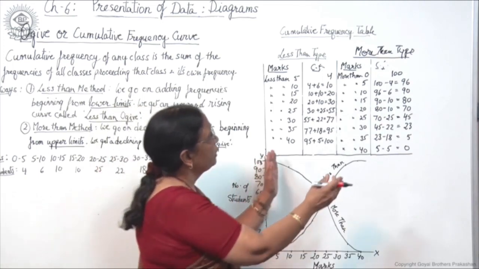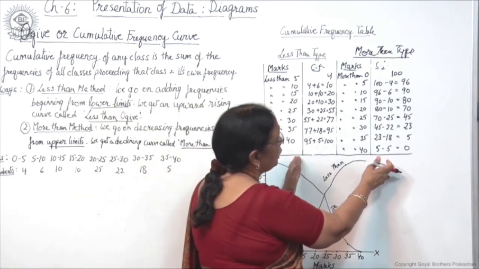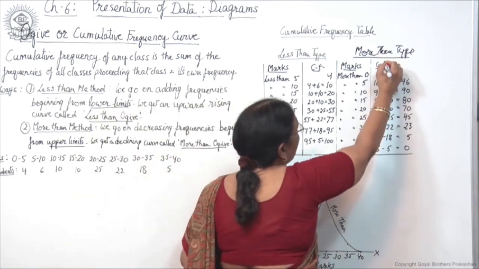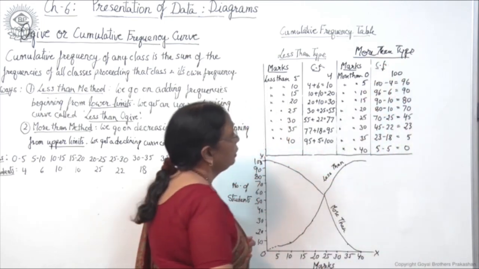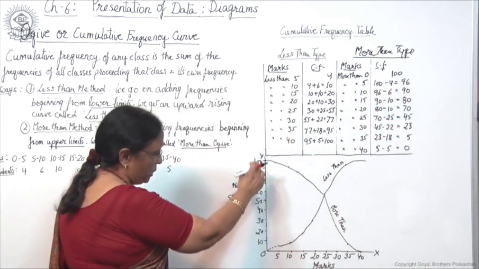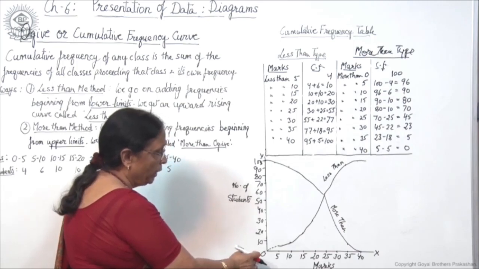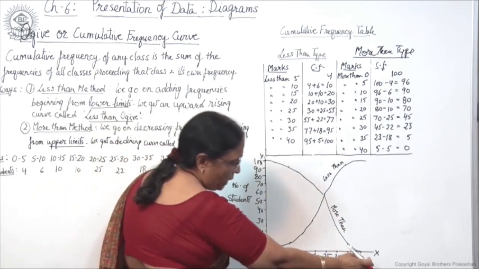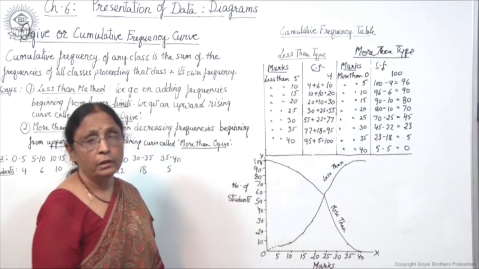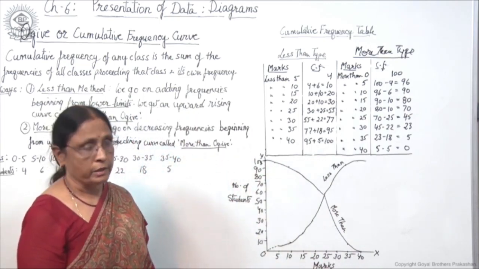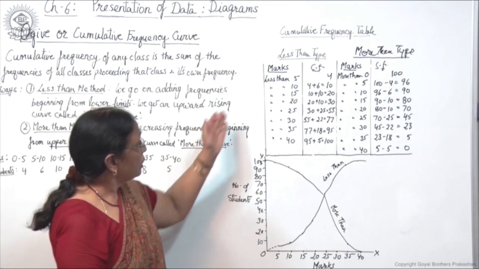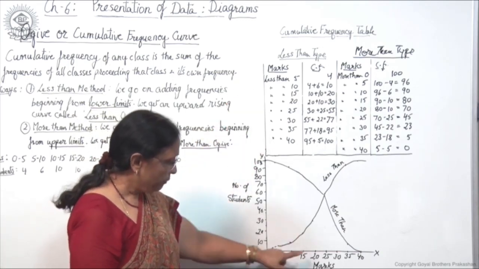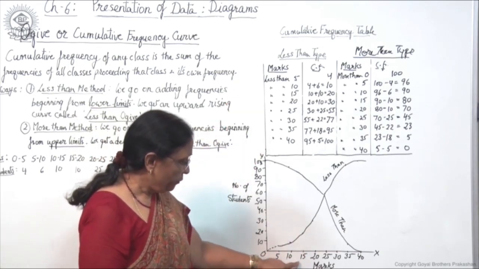Now, after making the cumulative frequencies of less than and more than type, you have to plot the graph. See here, again on the OY axis, number of students, and on the OX axis, we will take the class interval of marks. According to the class interval given, we will divide the axis into equal divisions of 5, 10, 15, 20.